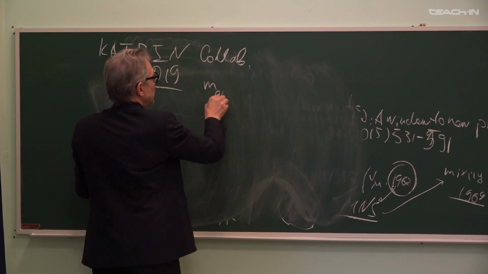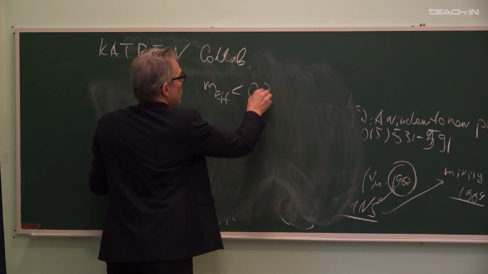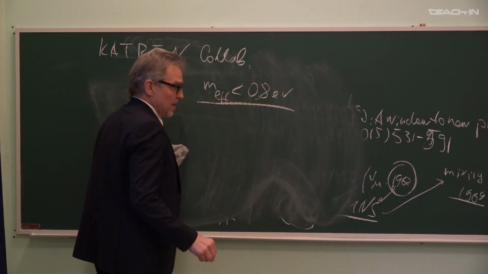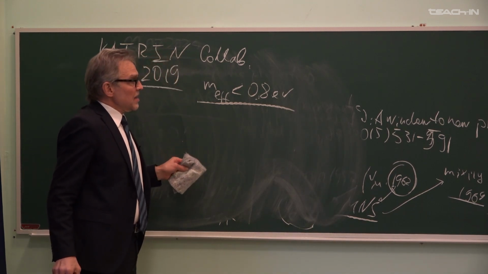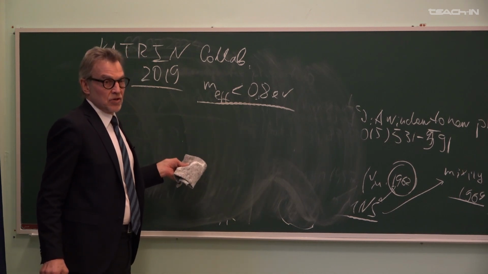The effective mass of neutrino is less than 0.08 electron volt, so a little bit less than one electron volt. Okay, this is the present status of the masses of neutrinos.